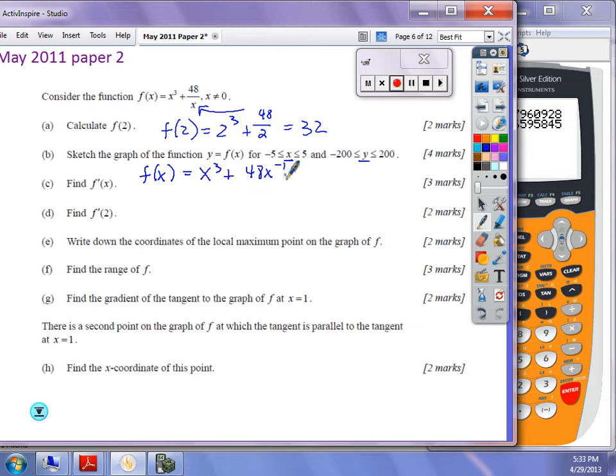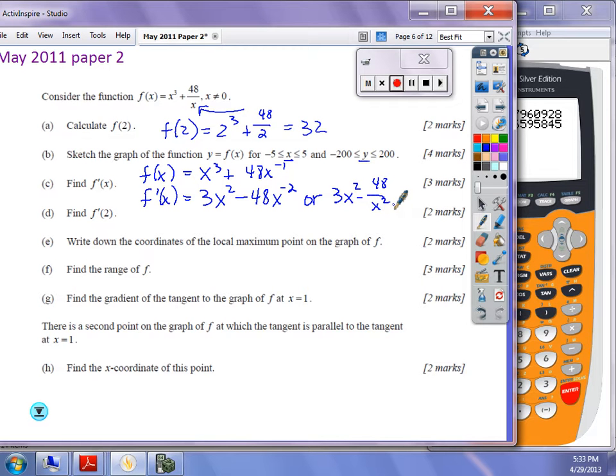I'd like to rewrite that with a negative exponent because now we're going to use the power rule, and we know that the first derivative is 3x squared minus, we're going to bring the -1 and multiply it by 48, -48x, and -1 reduced by 1 power is x to the -2. So we could also write that as f prime of x is equal to 3x squared minus 48 over x squared. Either of those would be acceptable answers.